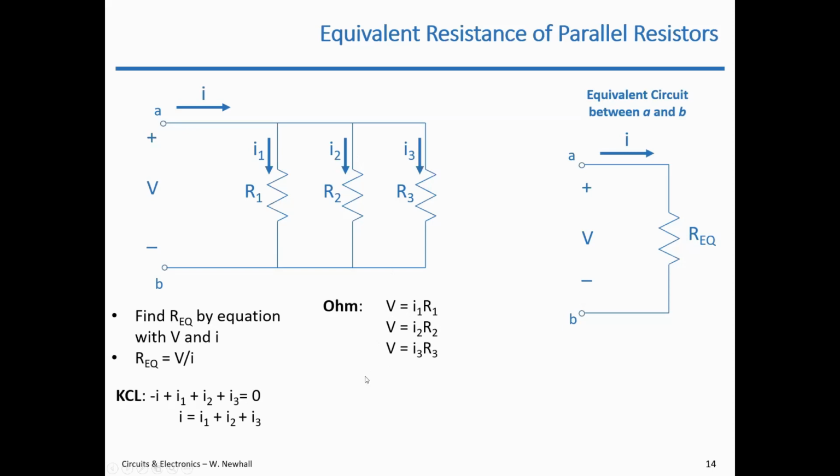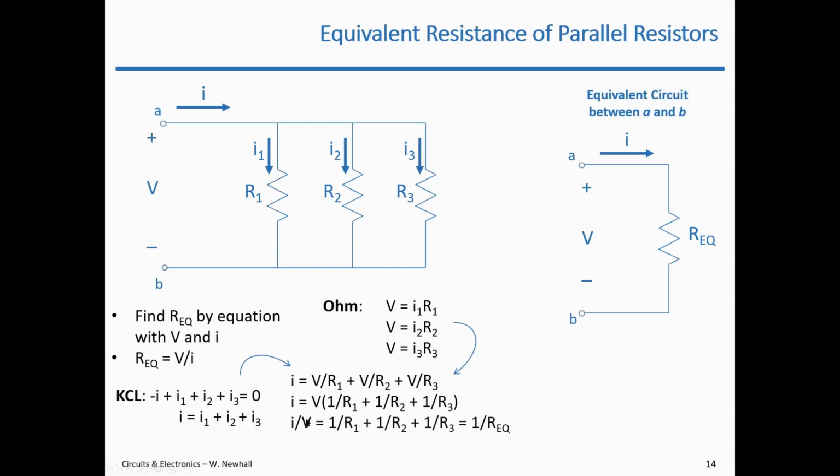Okay, and so we can combine these together, solve for I1, solve for I2, solve for I3, substitute into that left equation there, and you get this. So now I have the equation that I wanted. I wanted an equation with V and I, and so now I have I equals V times that. And so I get I over V, which is actually the reciprocal of equivalent resistance.